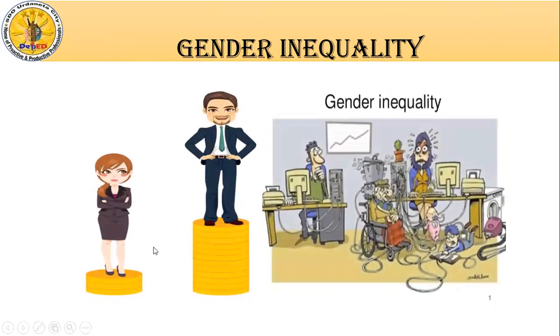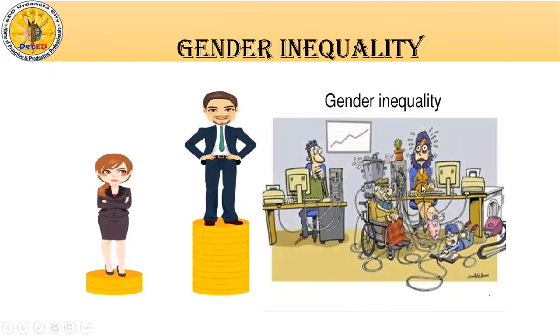On the second picture, women have a lot of work to do than men, especially at home, at the same time in the office. Now, do you agree with this? I hope not, because we are all created equally. So there must be no gender inequality.